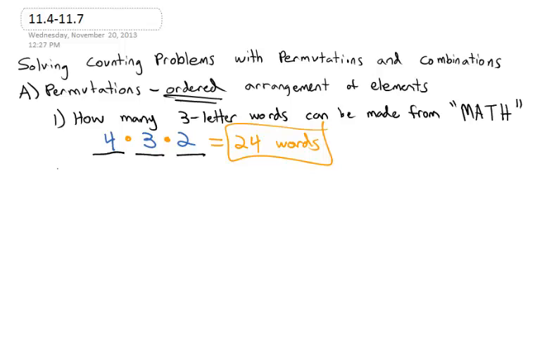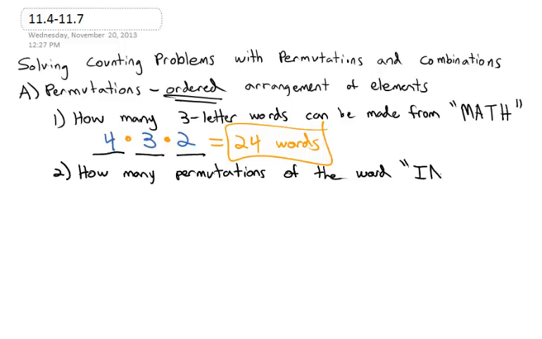We could even do this with a larger word. Maybe we could ask how many permutations can be made of the word. Let's see, we did finances in chapter 9, so let's say investor. We're going to use all the letters, it looks like, this time.